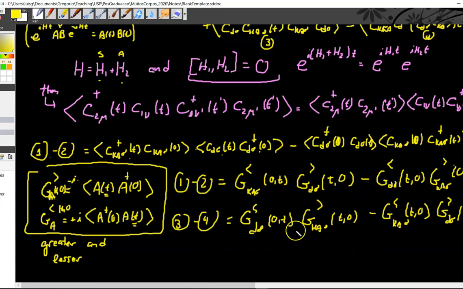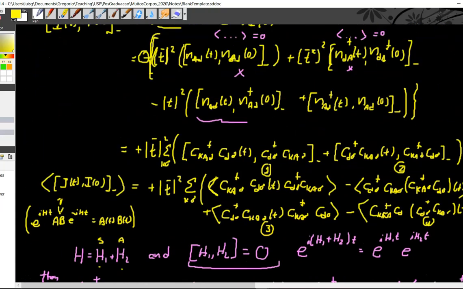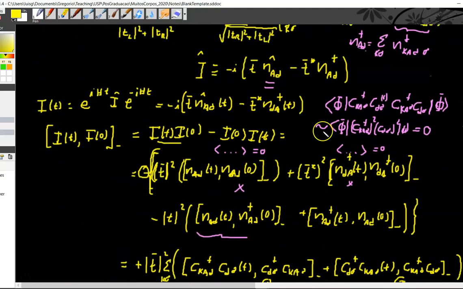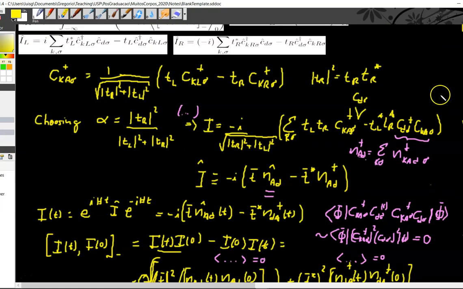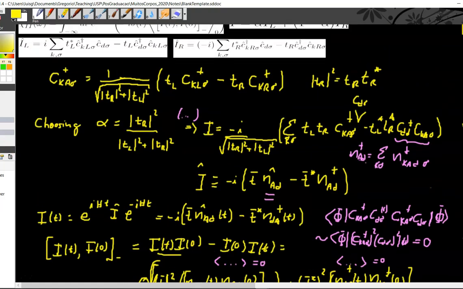Okay. So what have I done here? I essentially now wrote my expected value of this commutator in terms of lesser and greater Green's functions.